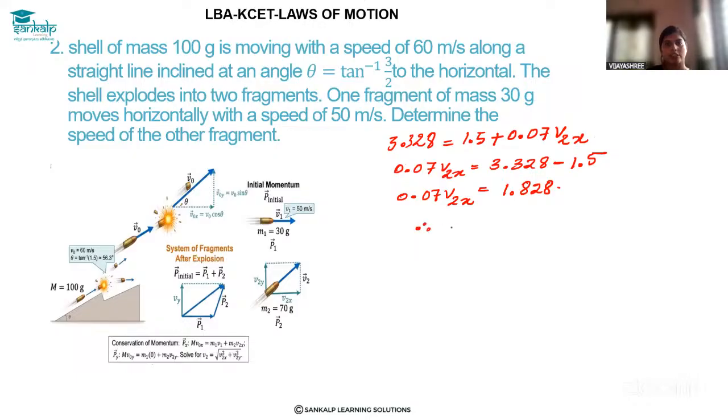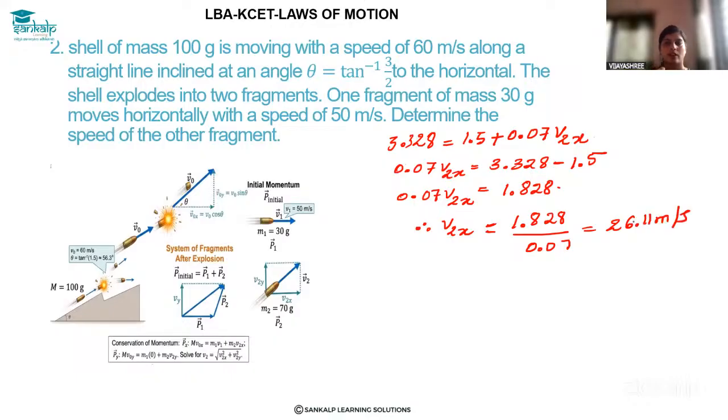Therefore v2x is equal to 1.828 divided by 0.07, which is equal to 26.11 meter per second.